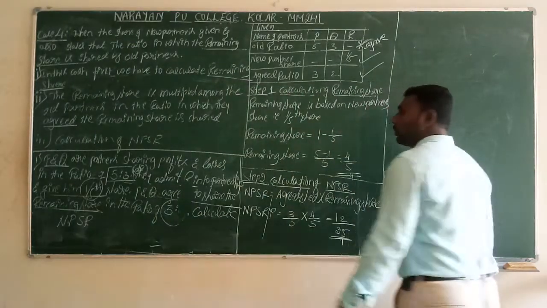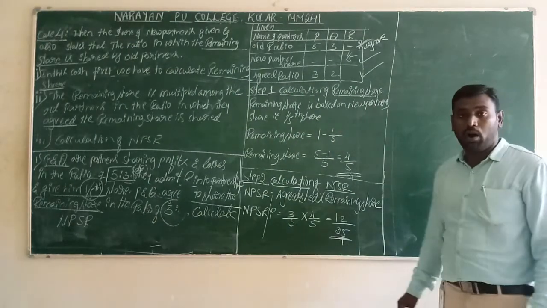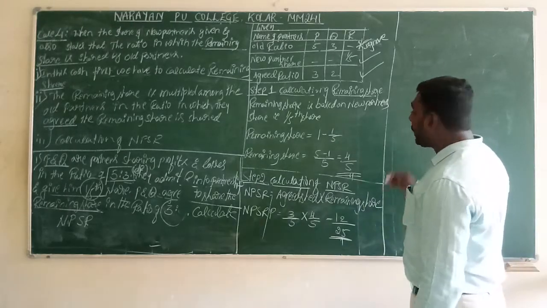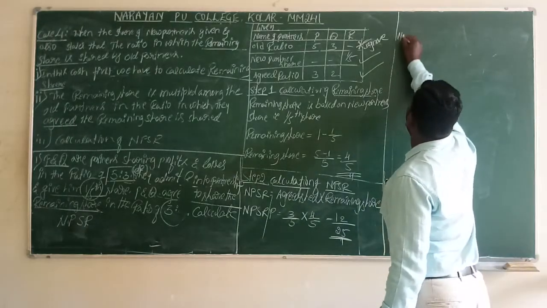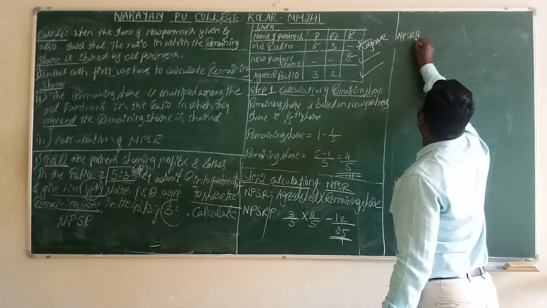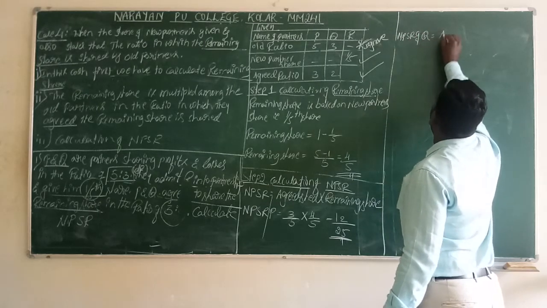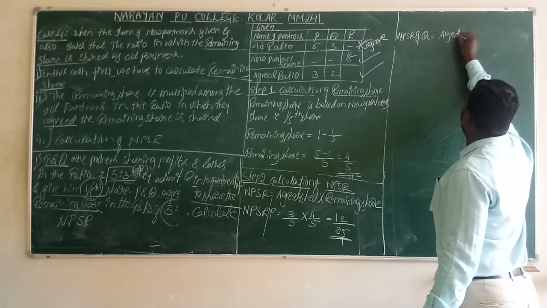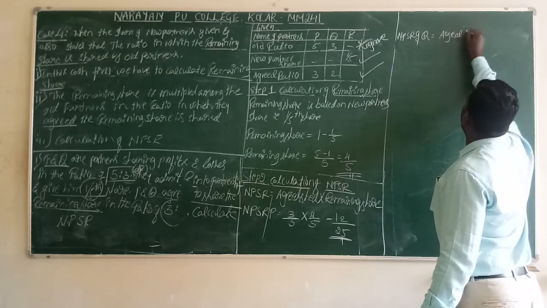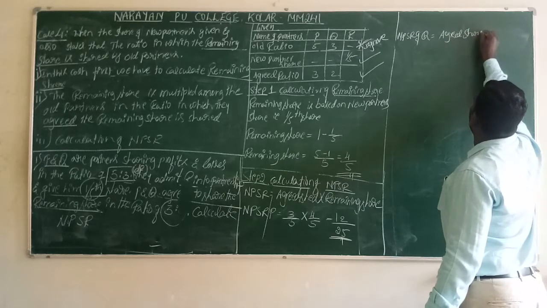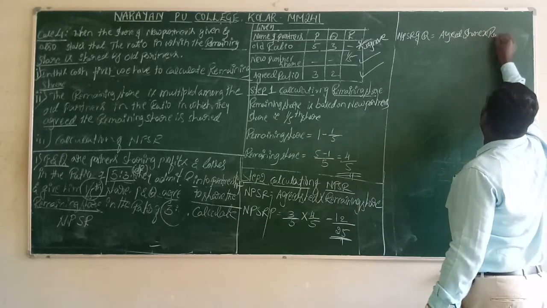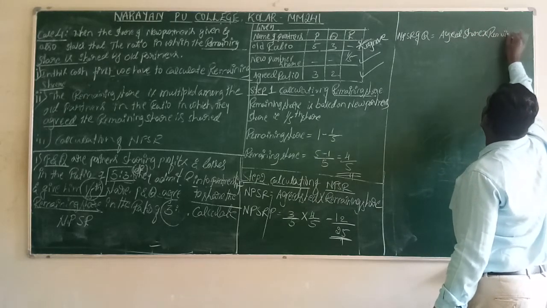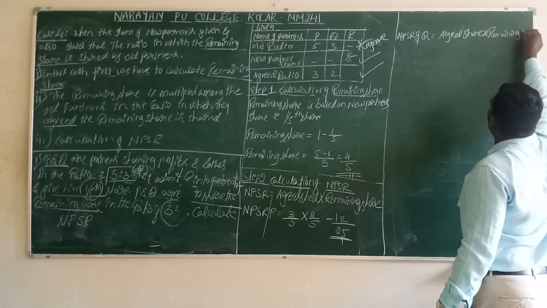Let's move to the calculation of NPSR of partner Q. NPSR of Q is equal to agreed share into remaining share.